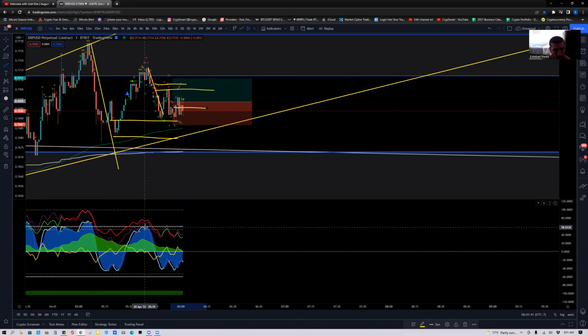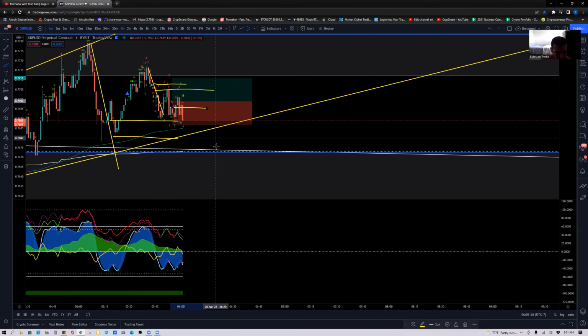Womp, womp, womp. So far, it's not looking good. The structure of the market is, I mean, this is not looking like it's going to continue to go up. Oh, almost out. I'm almost out.